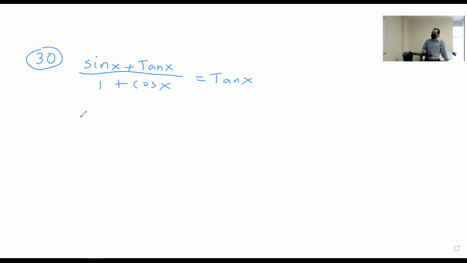Since we only have tangent of x on the right-hand side, it really doesn't make much sense to work on it because we have just one trigonometric function, so we would need to multiply by things and unravel to get to the left. So in this case, it makes sense to work on the left. So I'm going to turn everything into sine and cosine.